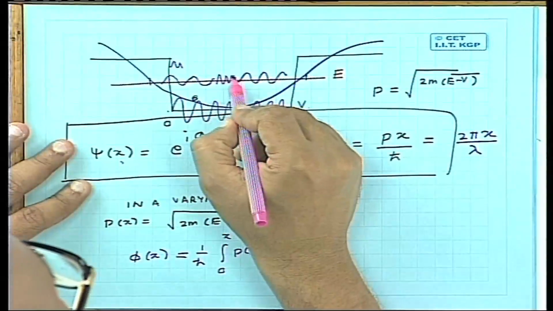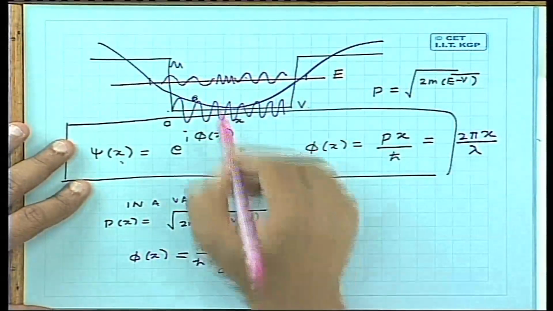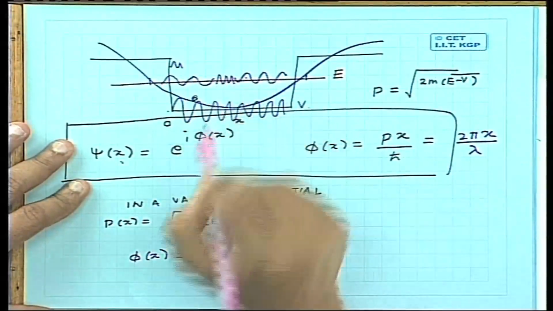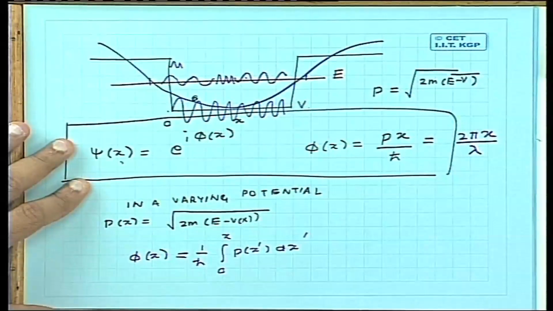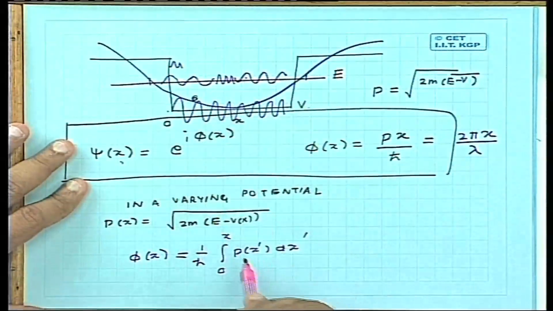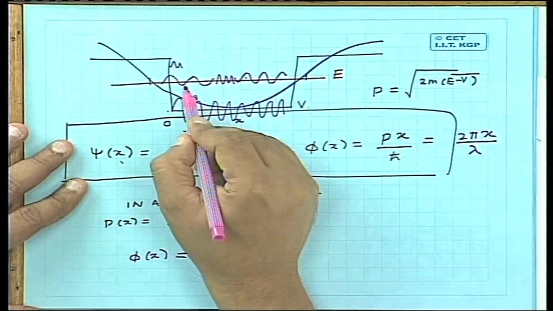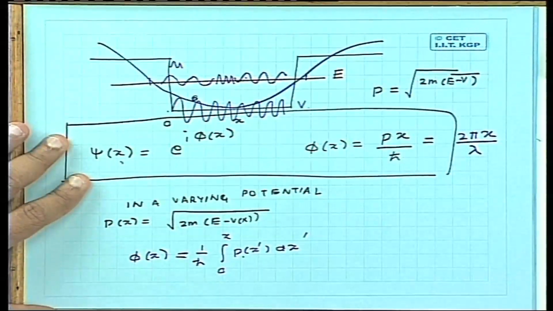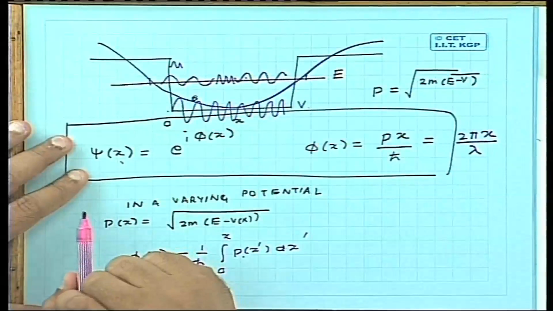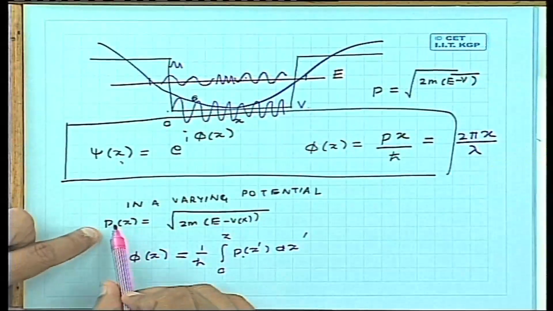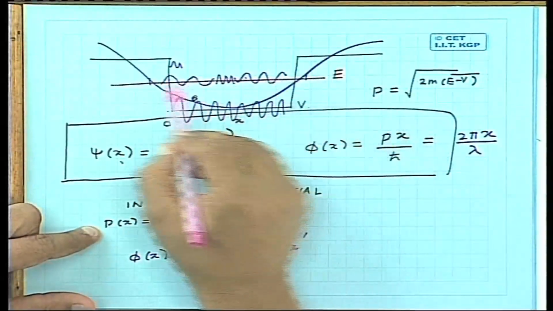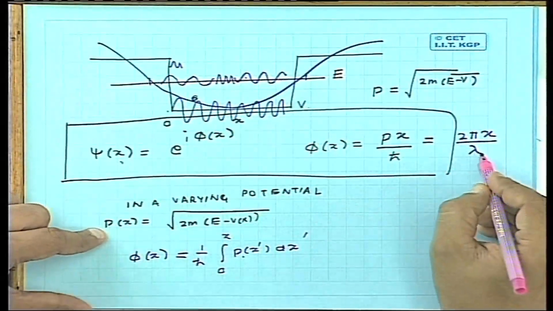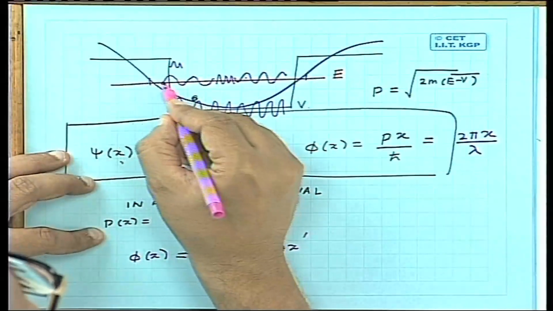So where it is oscillating fast, the phase change is very fast. Here the momentum is large, the wavelength is small, and the phase change is very fast, p is large. In these regions, the phase change is very slow. So we are trying to get an approximate solution just using the fact that the classical momentum keeps on varying, and the classical momentum we are converting to the wavelength, and we just calculate the phase change as we go along.